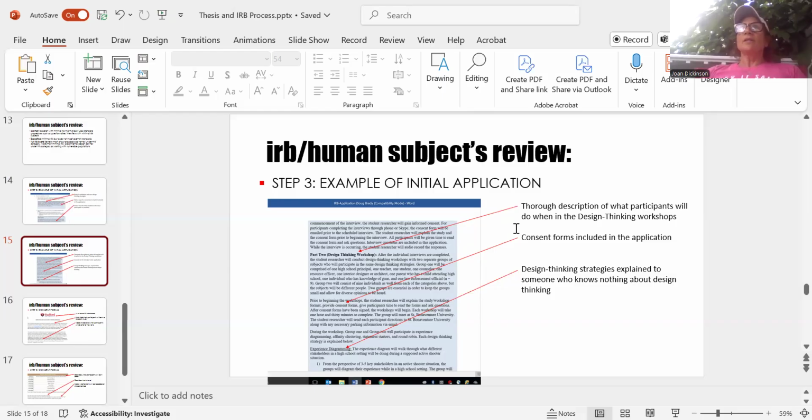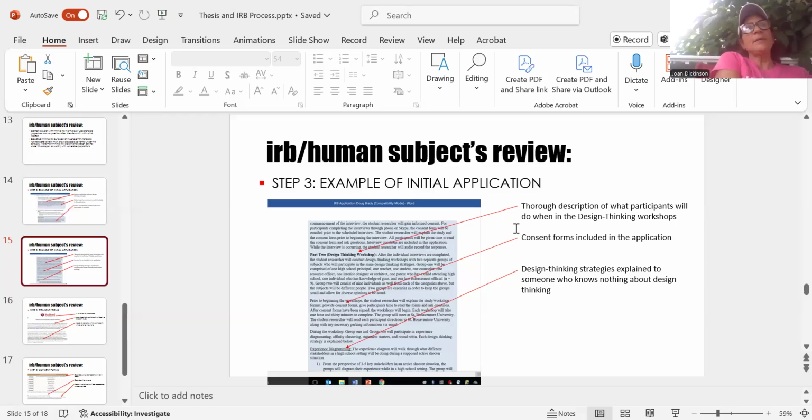You can't say that, because remember that the person who is reading this application does not know what an experience diagram is, nor do they know what a bullseye diagram is. You have to explain those design thinking strategies. It's really important that you explain in detail exactly what your participants are doing in the workshop.